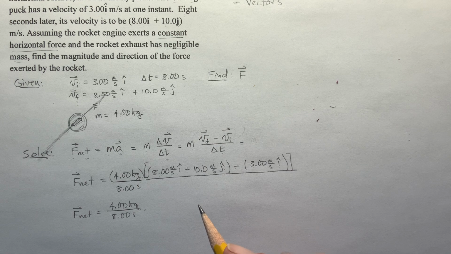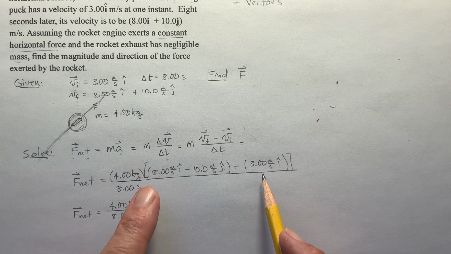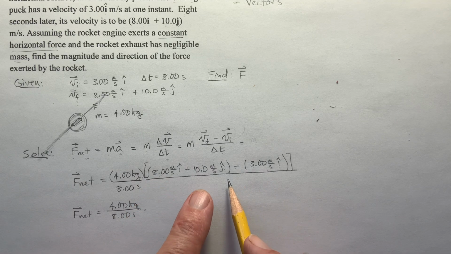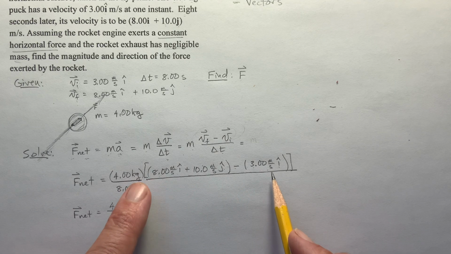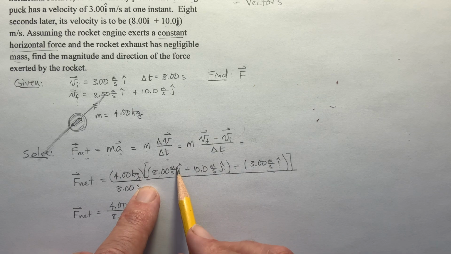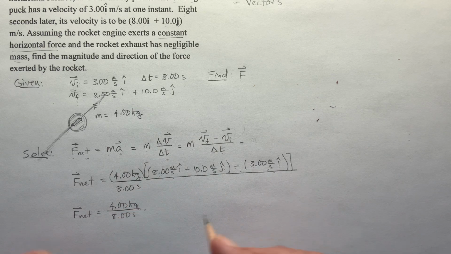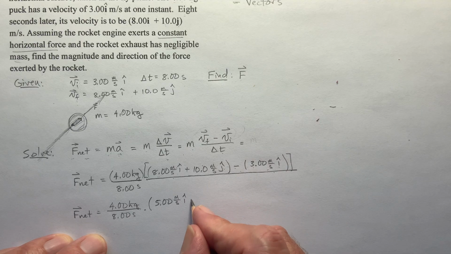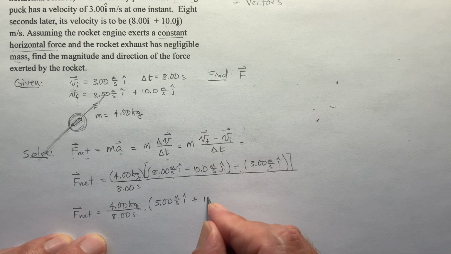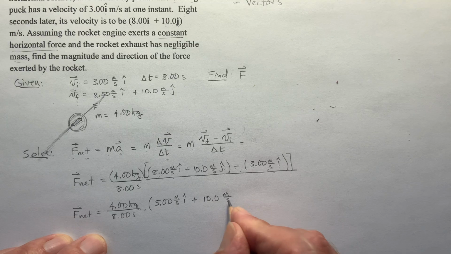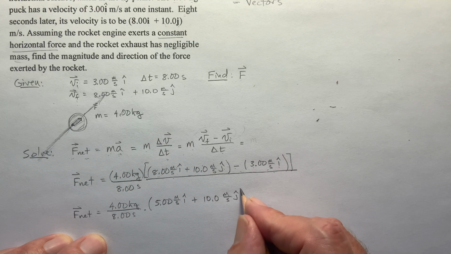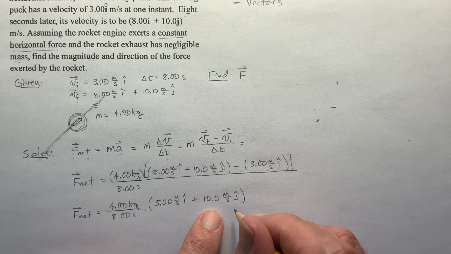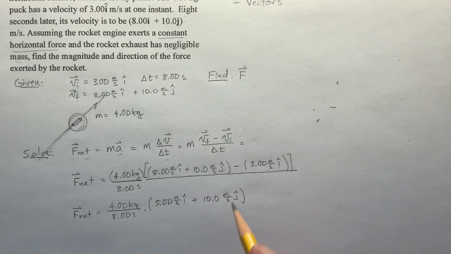And so we can only combine things that are in the x direction here, or in the y direction. In the x direction here, I have 8 meters per second minus 3, so that's going to be 5 meters per second in the x direction, and then we're going to add 10. That doesn't change, right? That's meters per second in the y direction. So this is our change in velocity, isn't it?